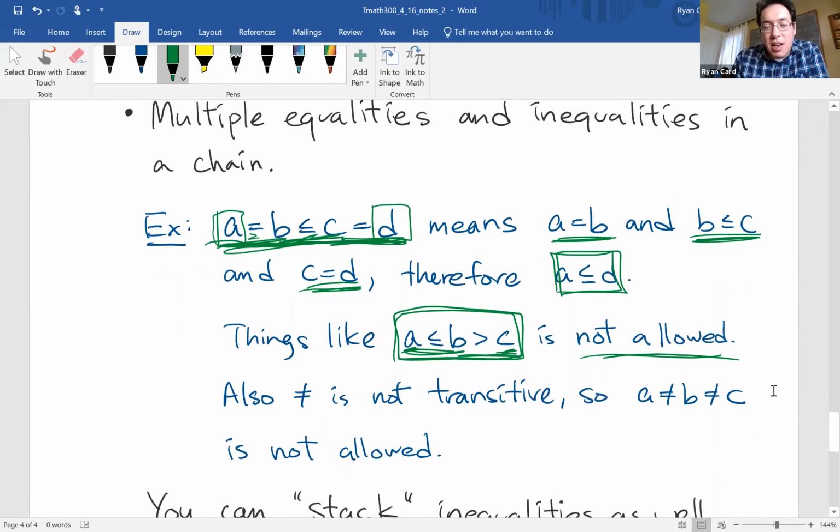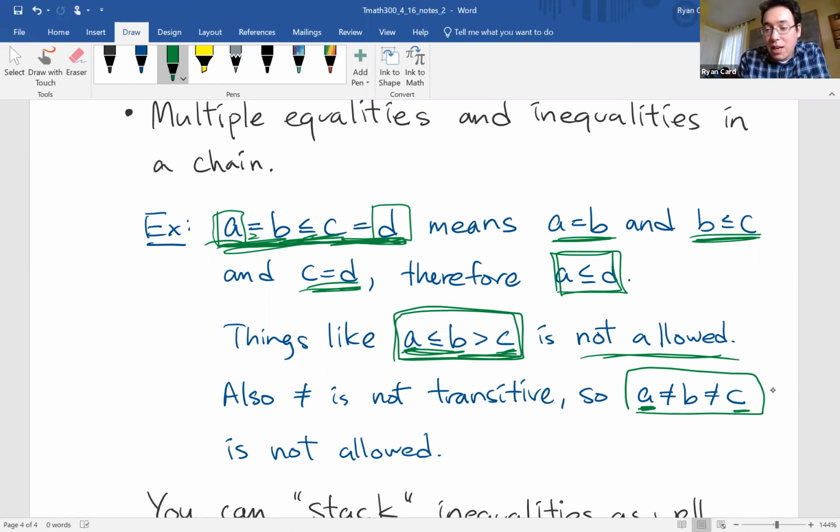Another thing you can't chain is not-equal statements. When you write down A is not equal to B, which is not equal to C, this is not allowed because it is not clear what the relationship is between the beginning expression and the last expression.